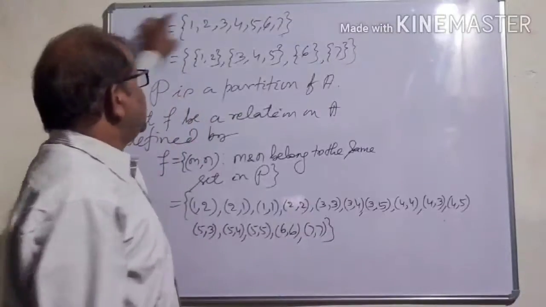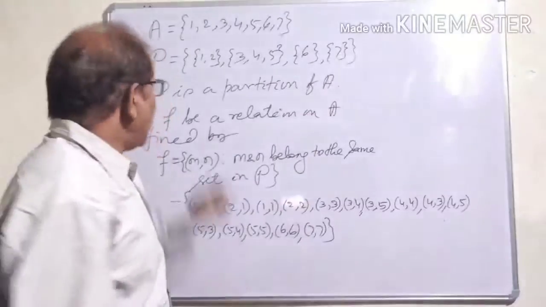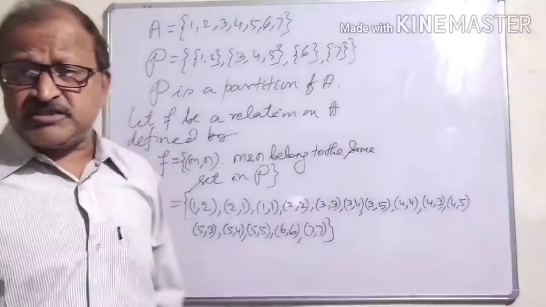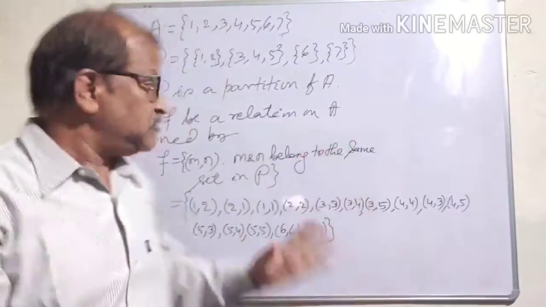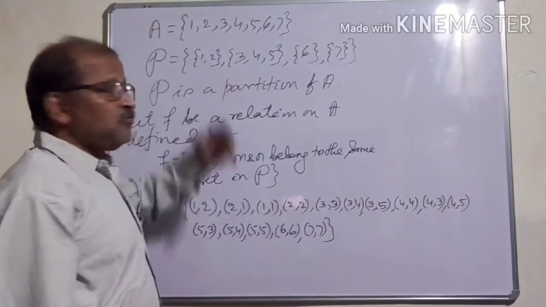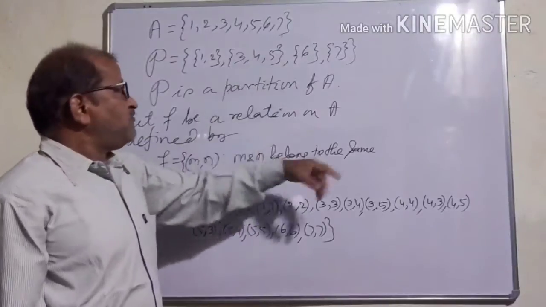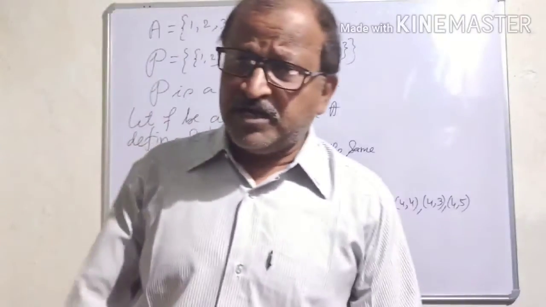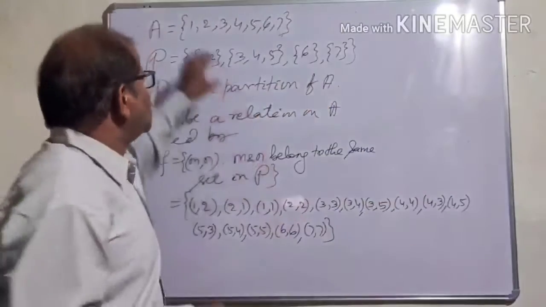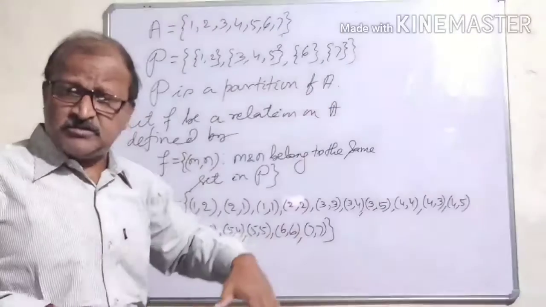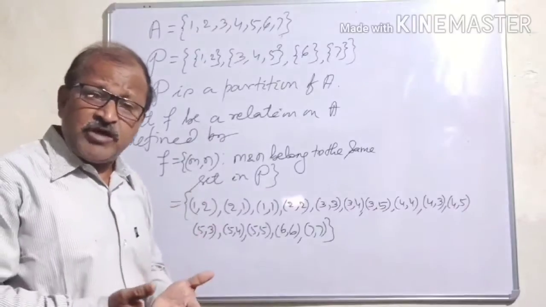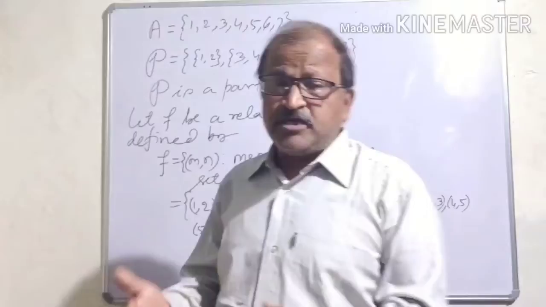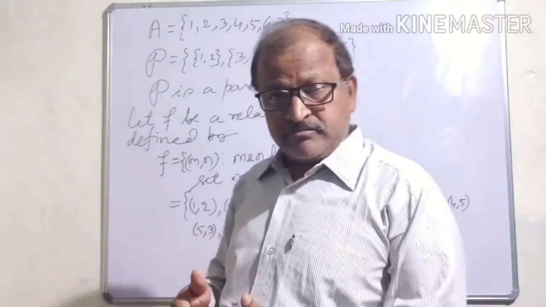And I have written a partition of that set A. What is a partition? A partition is a collection of subsets of the set whose union is equal to A, and the subsets are disjoint to each other and non-empty.